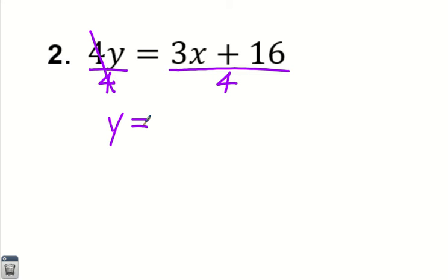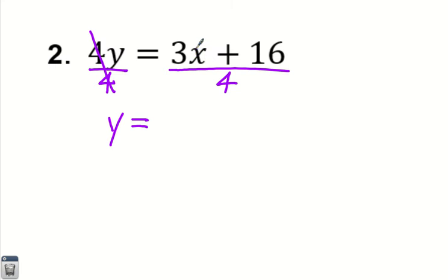But what happens on the right side? Well, this is huge, actually. When you divide both sides by a number, the entire right side needs to be divided by 4, which means both of these terms, the 3x and the positive 16, need to be divided by 4.